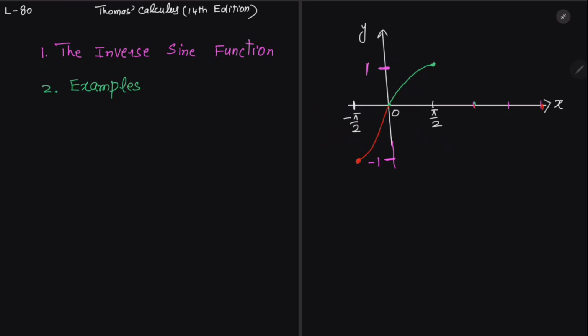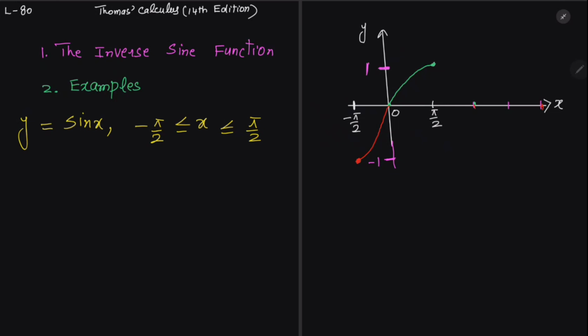We were first able to get a one-to-one function. Okay, so we write y is equal to sine of x, and the domain is minus pi by 2 to pi by 2. That's how things are done for the inverse function.